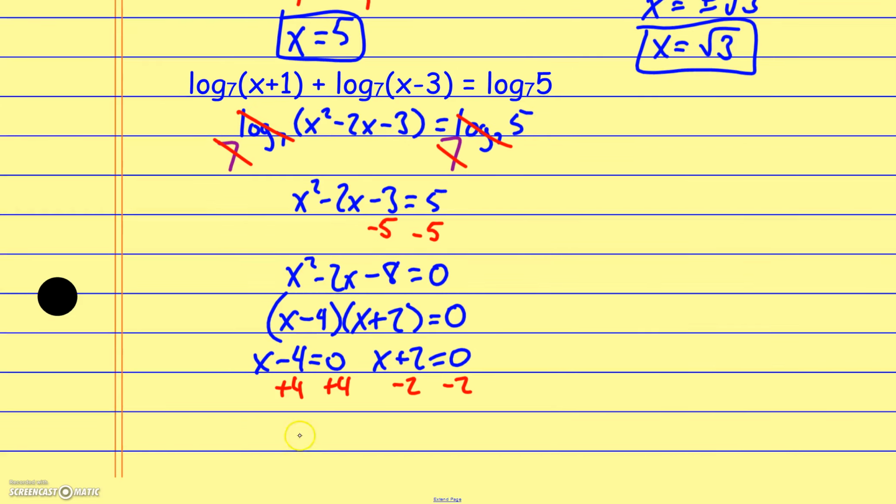So I end up with two answers here. I get x equals 4, I get x equals negative 2. But again, as soon as I try to plug these back in, I'm going to find out that negative 2 is not going to work because it's going to give me a negative inside the logarithm. So the only answer I get here is x equals 4. And that's it.